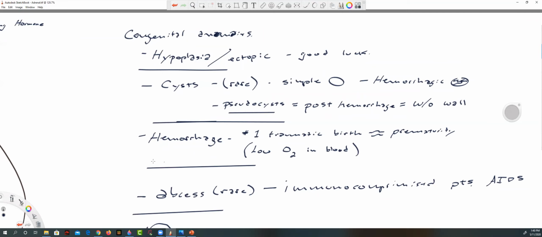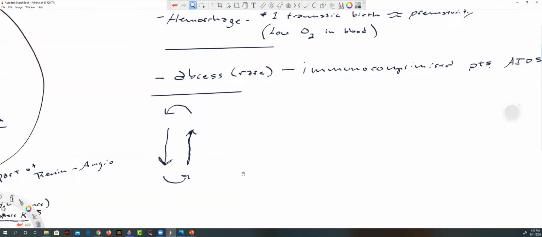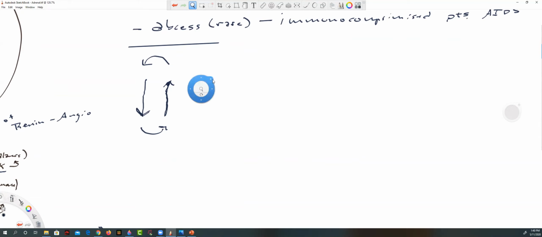Well, obviously, I disagree with calling hemorrhage or abscess a developmental anomaly. Maybe I'm misreading how the book is organized. But they are anomalies. Those are not good things to have. Let me just erase this. That's a little bit in my way.